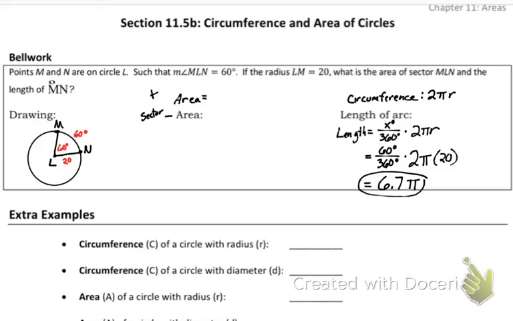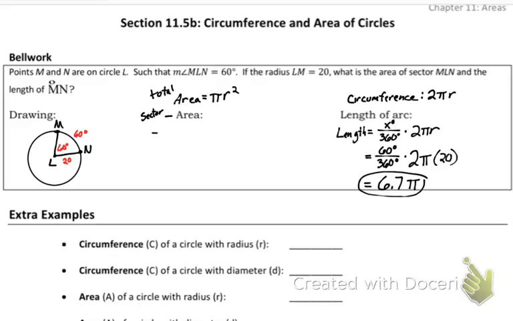This is my total area. My total area is going to be pi r squared. Well, to find my sector area, we're going to take our total area and figure out what percent we're using of it. All right, so we're going to do the exact same thing.